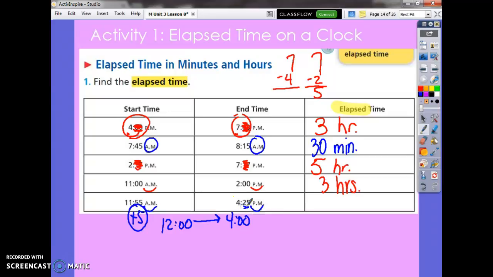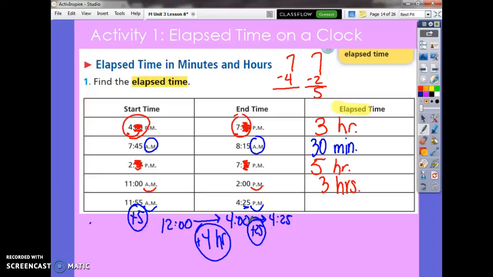So going 12 to 4 is going to be 4 hours. I can go 12 to 1, 1 to 2, 2 to 3, and 3 to 4. So that's going to be 4 hours. And again, I'm adding that 4 hours, so I'm going to circle that plus 4 hours. And then going from 4 to 4:25, I'm going to add 25 minutes.